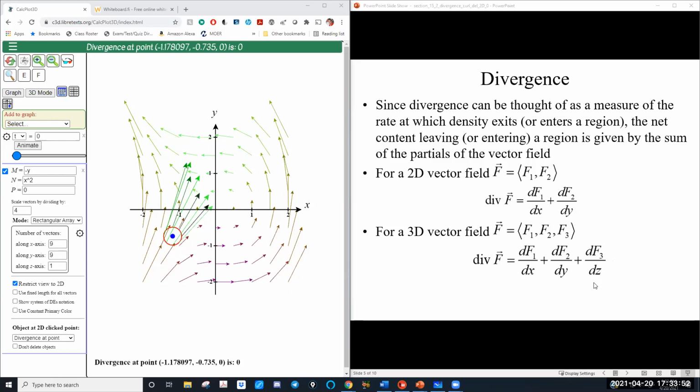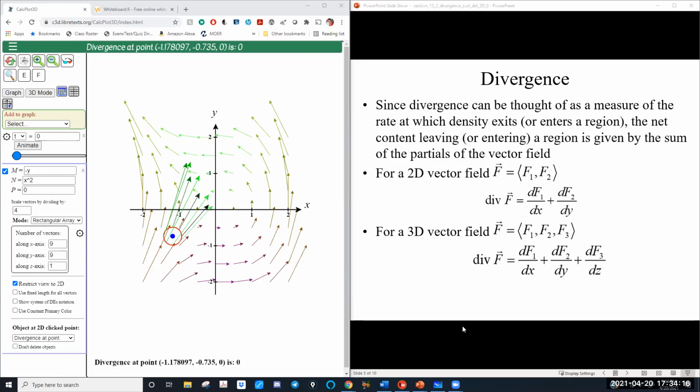Just a mental note, or in your notes, remember: divergence, whether it's 2D or 3D, is a scalar. And it is pretty straightforward. You basically take the first component with respect to x plus the second component with respect to y, or first component with respect to x, second with respect to y, third with respect to z.